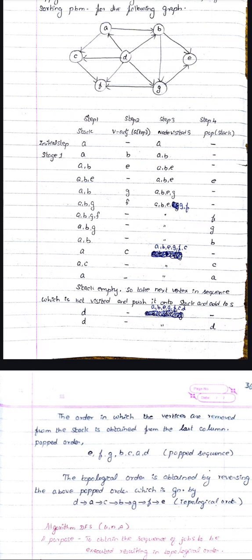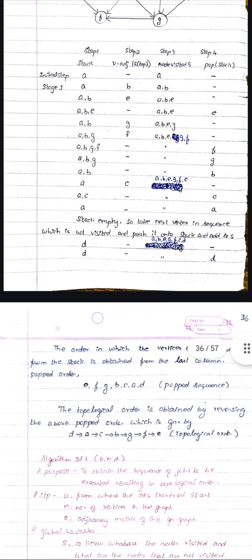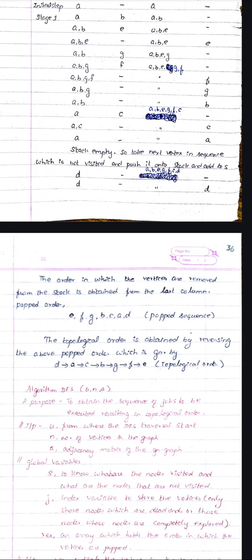Then again for A, we have C, so we add it to visited. A, C, then pop C, then A, and the stack is empty.